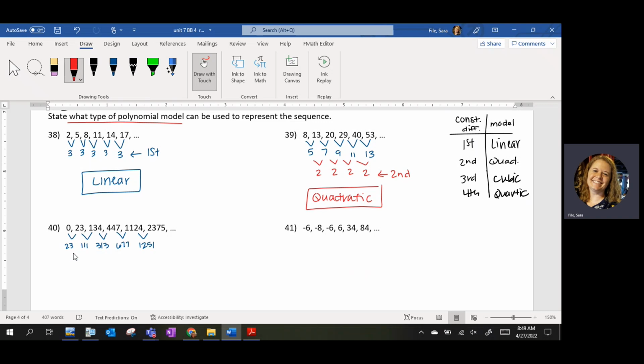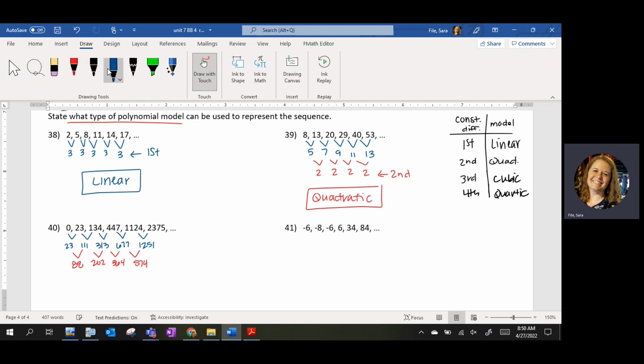Definitely not constant. So we're going to find the second difference. So 111 minus 23 is 88. 313 minus 111 is 202. 677 minus 313 is 364. And 1,251 minus 677 is 574.